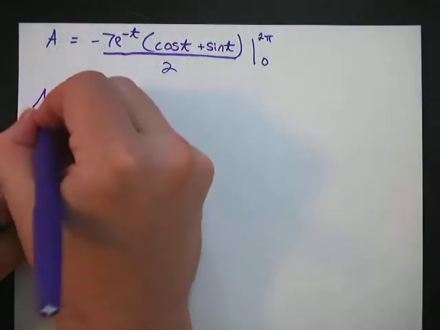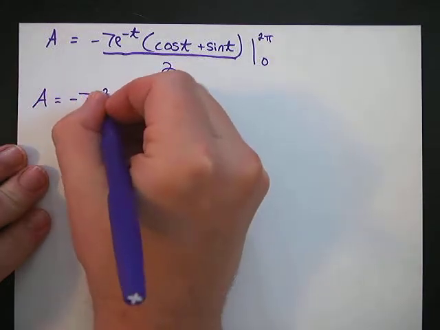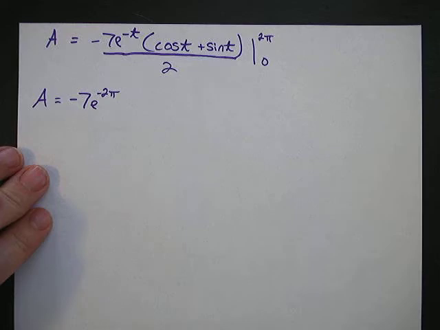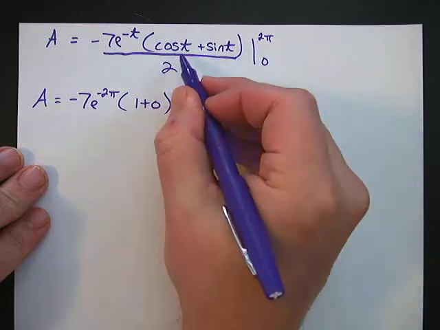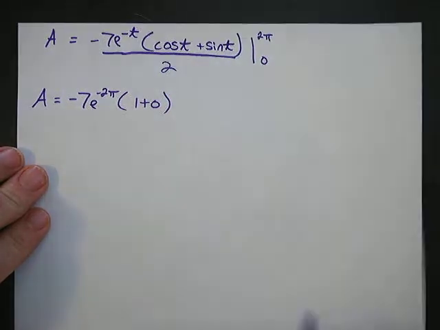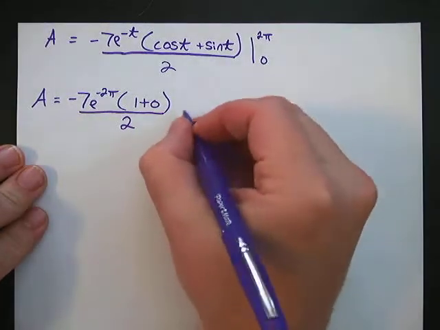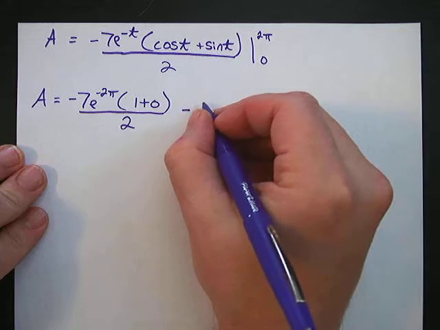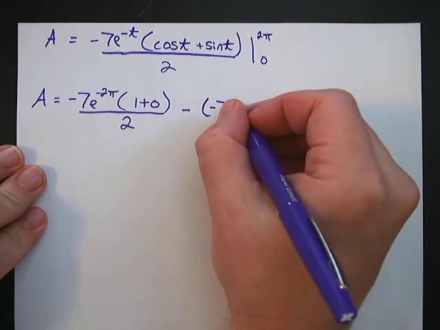So A equals negative 7e to the negative 2 pi, plugging in the top limit, and then we get 1 plus 0, because cosine of 2 pi is 1 and sine of 2 pi is 0, divided by 2. And then minus the lower limit when we plug in, so minus negative 7e to the negative 0.